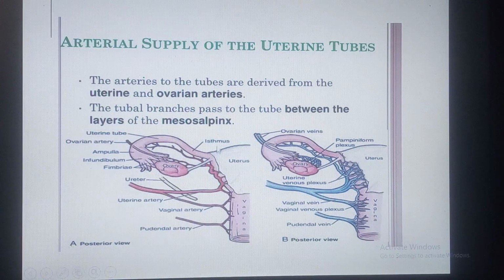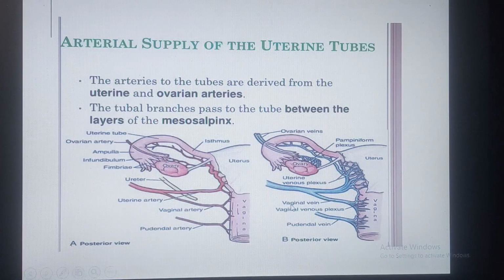Now with blood supply to what we call the salpinx or the uterine tube, we are going to divide the uterine tube into what we call lateral third and then medial 2/3. Now the lateral third will be getting supply from branches coming from the ovarian artery. Then the medial 2/3 will be coming from branches from the uterine artery.